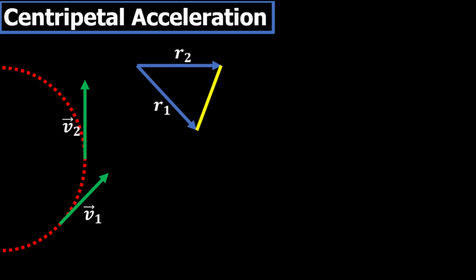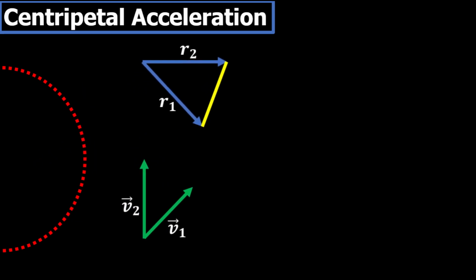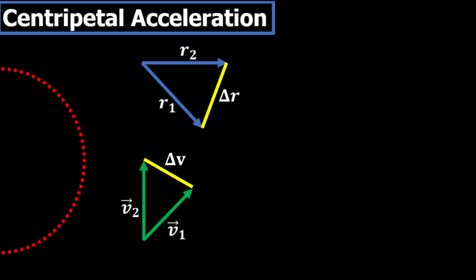If you extract them out like so, what you will find is that there are isosceles triangles with congruent angles. Since both are isosceles triangles, we can work out a ratio between them. Let's define a few things: delta r to be the difference between r2 and r1.